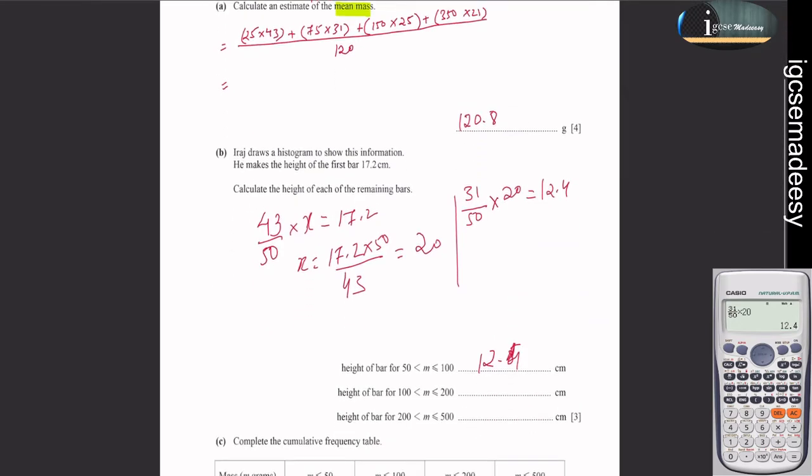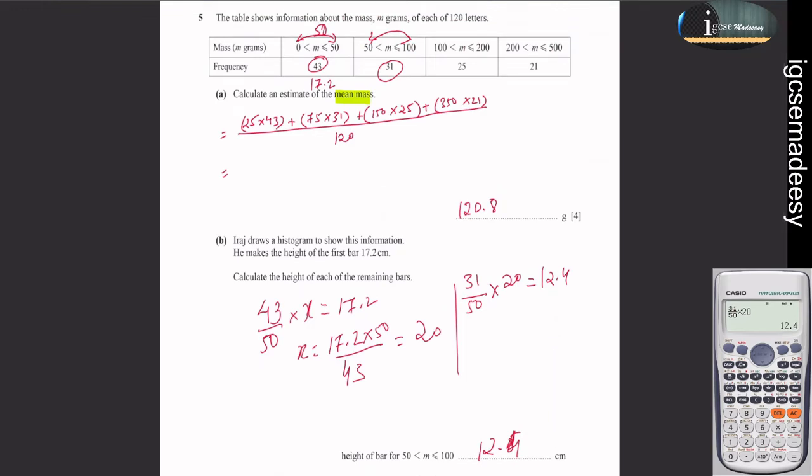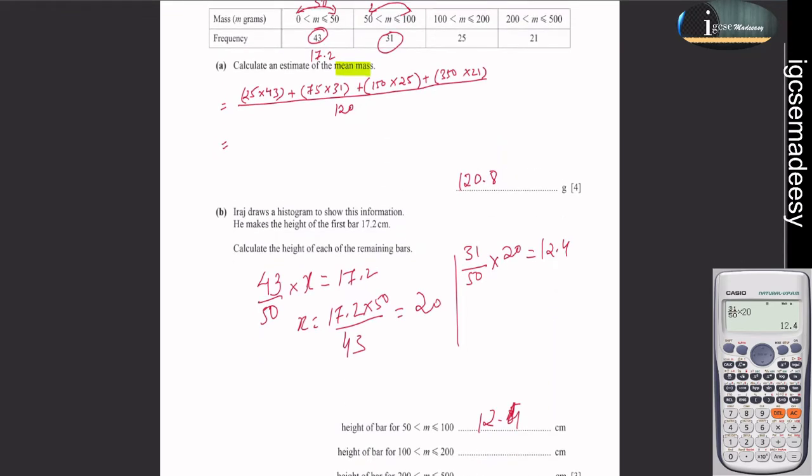And for this one, 25. For the 100 to 200 class interval, we divide 25 by the class width, 200 minus 100 is 100, and multiply that by 20 to get the answer. So 25 divided by 100 times 20 gives you 5.